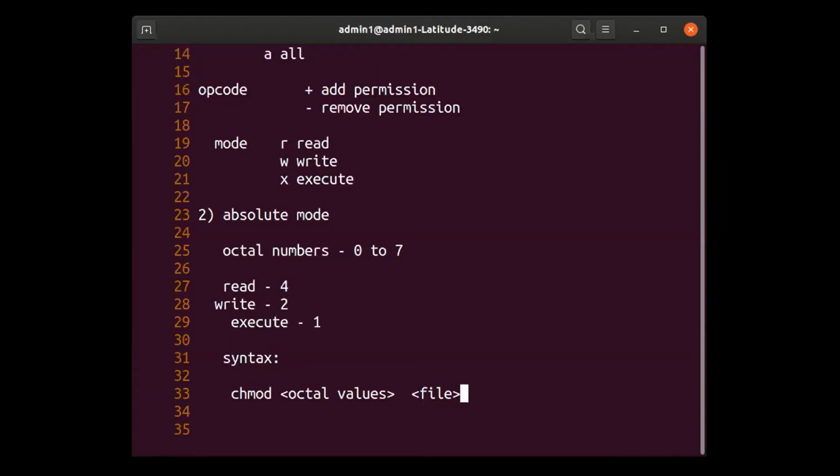Chmod in case of absolute mode takes only two parameters. The first parameter is the octal values and the second parameter is a file. Whereas in symbolic mode, the number of parameters is double compared to absolute mode. Okay, so let us see directly with an example how I can change permissions for a particular file using absolute mode.